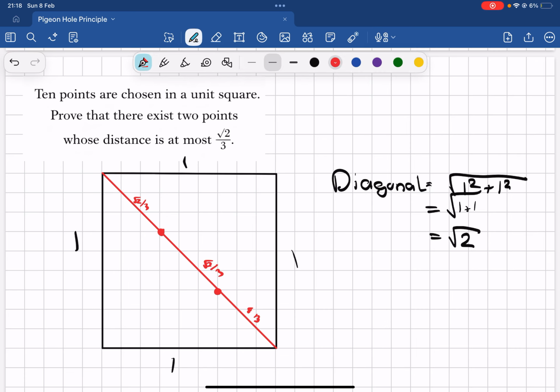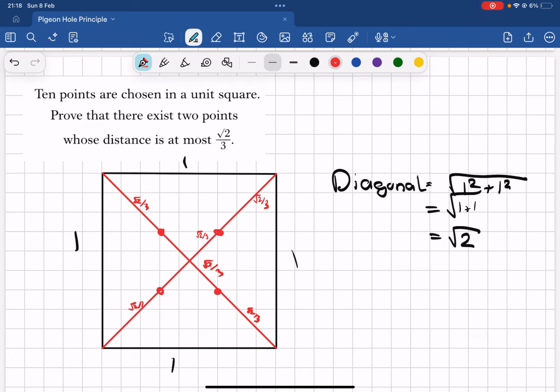Since it's a square, we can have 2 diagonals. We have a diagonal going this way. Again, we'd have root 2 over 3 here.